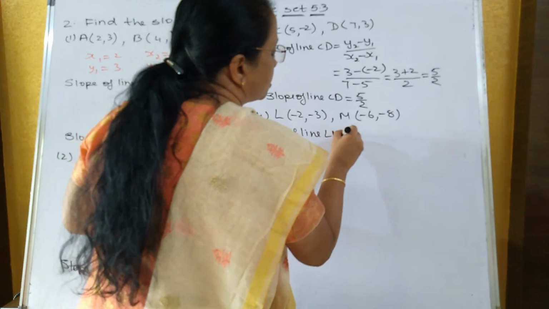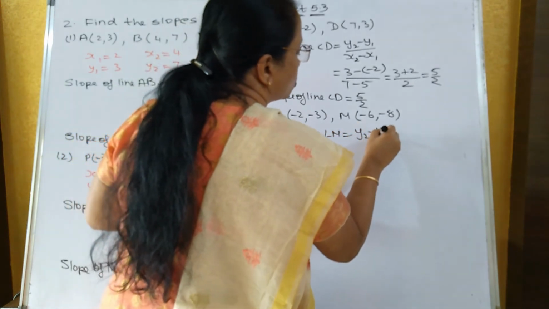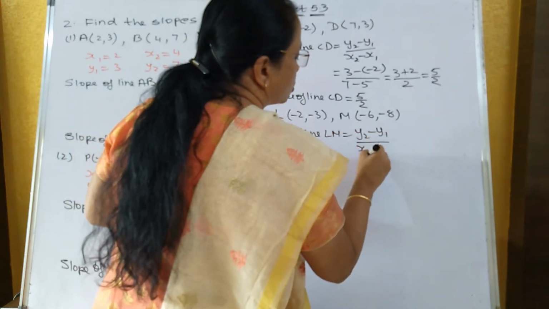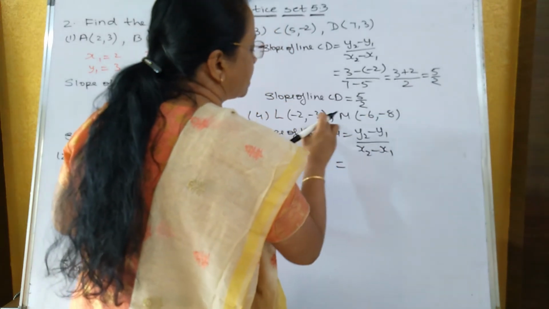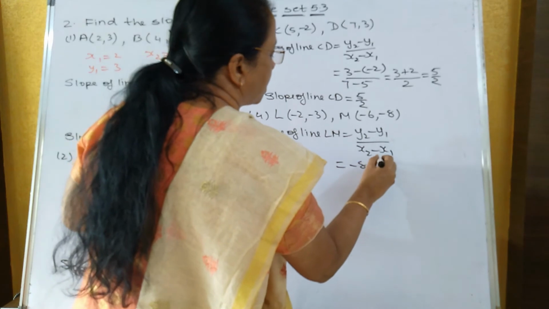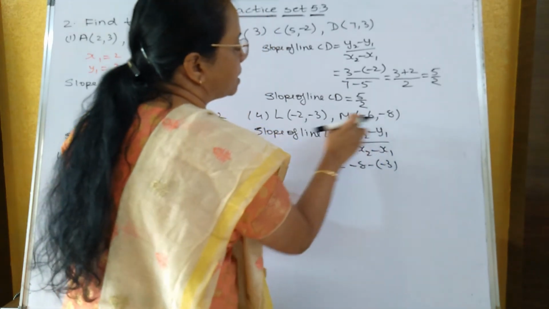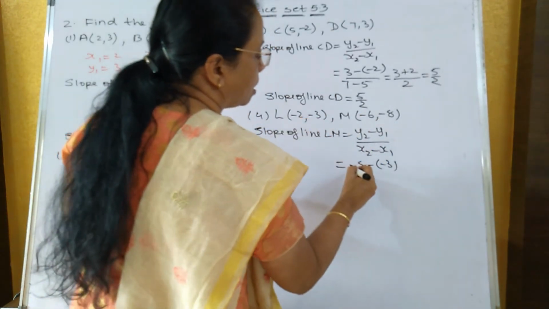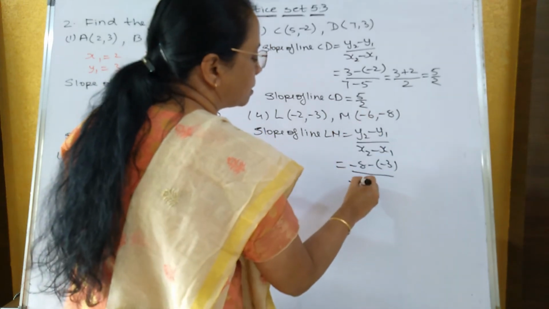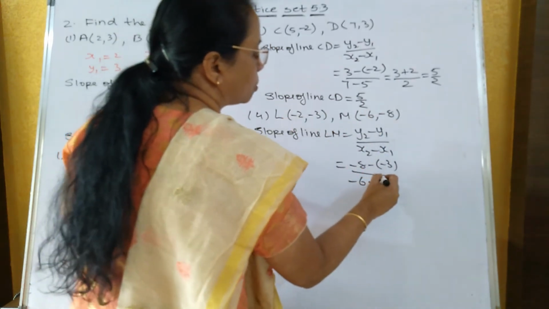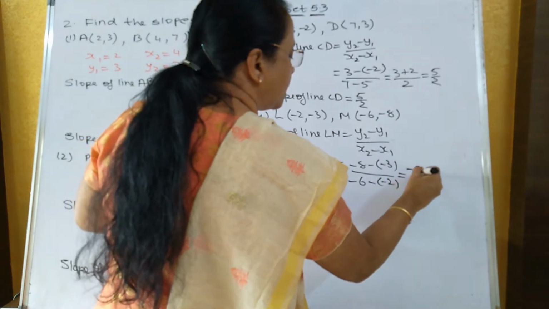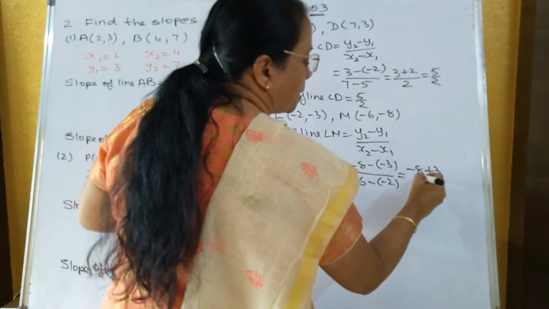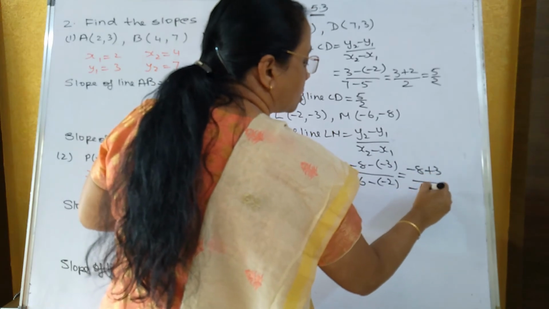So slope of line LM is equal to y2 minus y1 upon x2 minus x1, that is equal to minus 8 minus into minus 3 upon minus 6 minus into minus 2. So that's equal to minus 8 plus 3 and minus 6 plus 2.